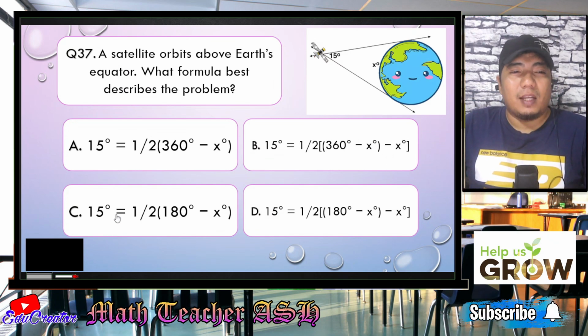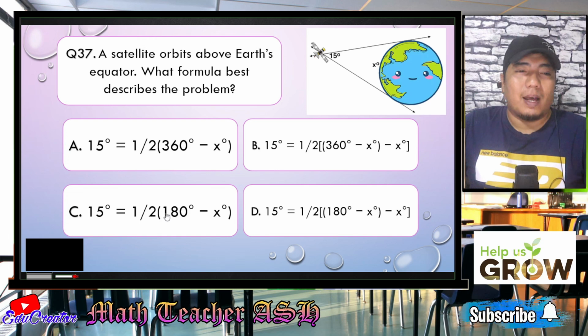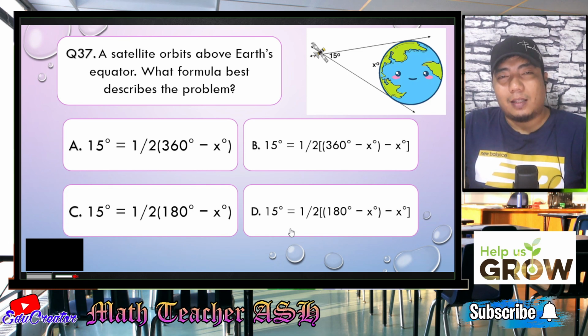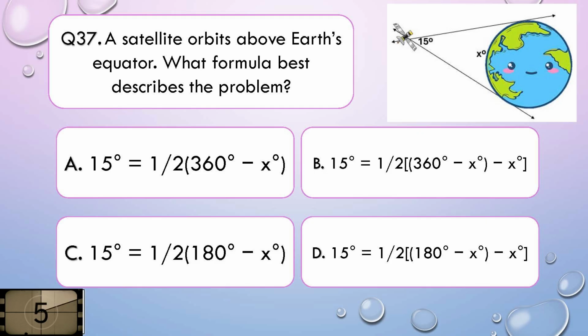C, 15 degrees is equal to 1/2 times the quantity 180 minus x degrees, or letter D, 15 degrees is equal to 1/2 times the bracket of the quantity 180 degrees minus x degrees minus x degrees. I'll give you 5 seconds to think about your answer.